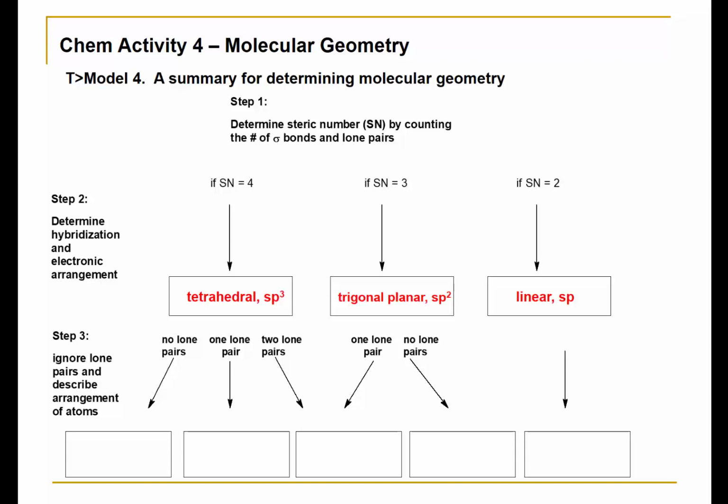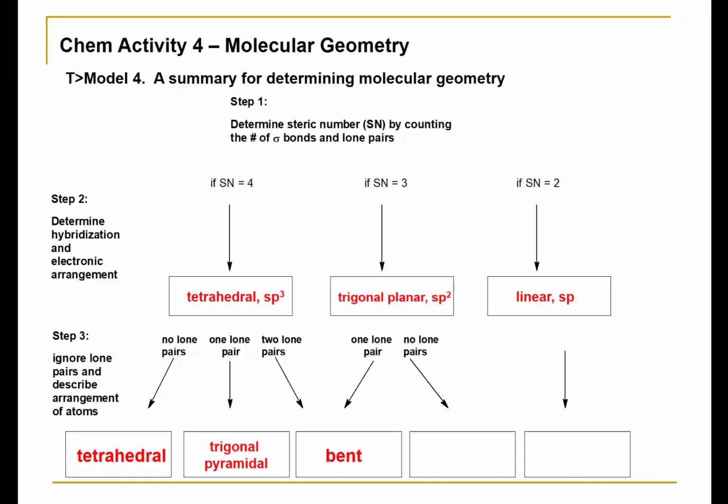But we're not really ignoring the lone pairs. We're considering that they're there because that allows us to come up with an actual description or terminology for the molecular geometry. So no lone pairs, tetrahedral. One lone pair, based on steric number 4, leads to trigonal pyramidal, and two lone pairs, of course, bent. But you may have noticed actually there are two ways of having a bent structure.